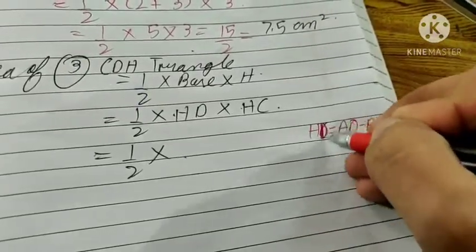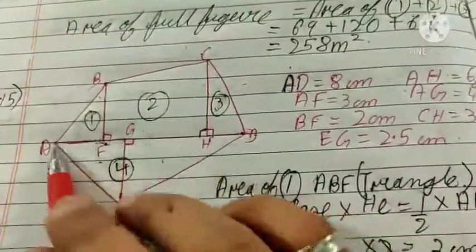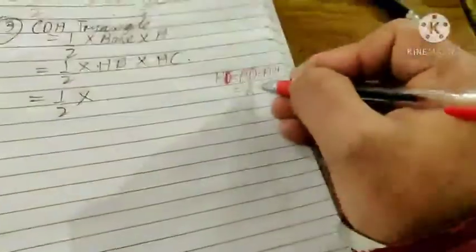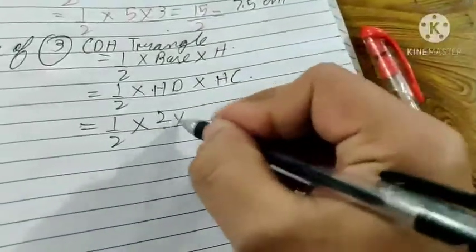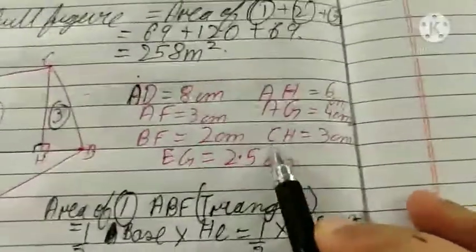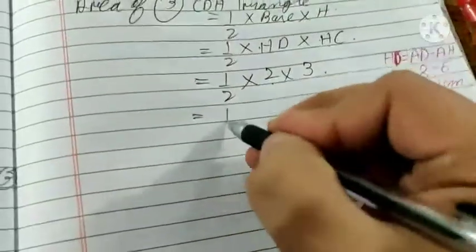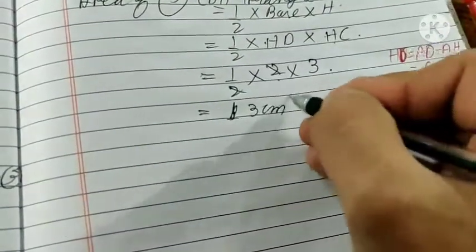This HD will be AD minus AH. So AD here is 8, AH here is 6. This is 2 centimeters. So now what? HD is 2 and CH is 3. This is also 3 centimeter square.